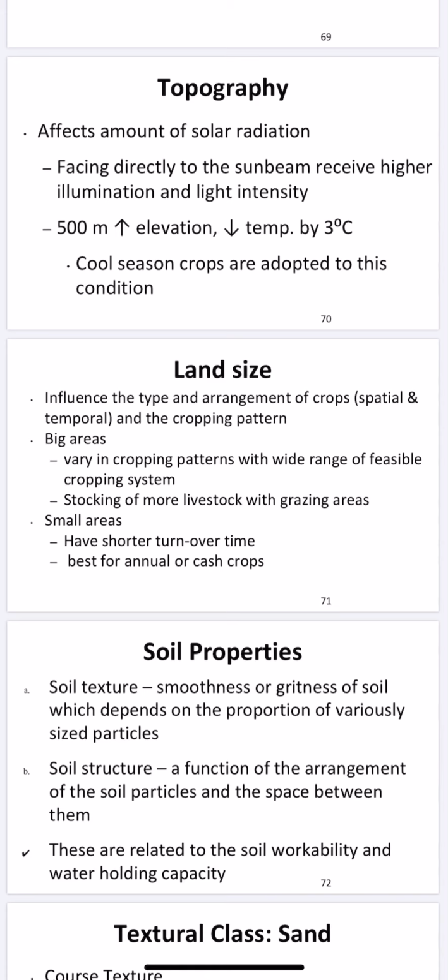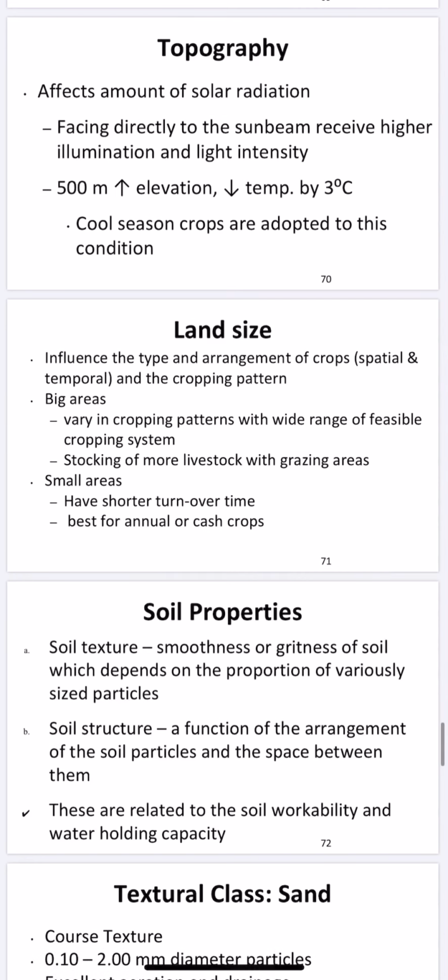Facing directly to the sunbeam receives higher illumination and light intensity. A 500-meter increase in elevation lowers the temperature by 3 degrees Celsius. So the cold season crops are adapted to this condition.